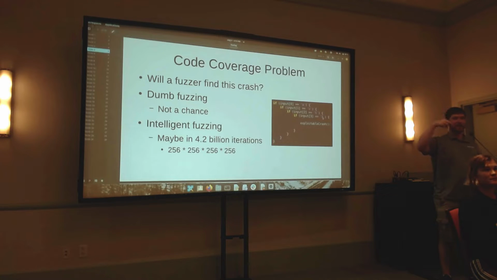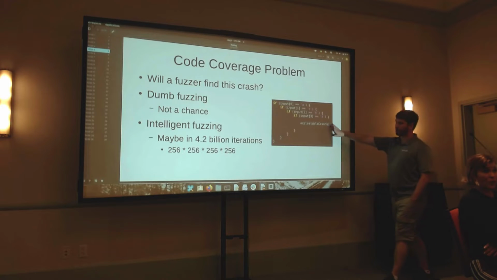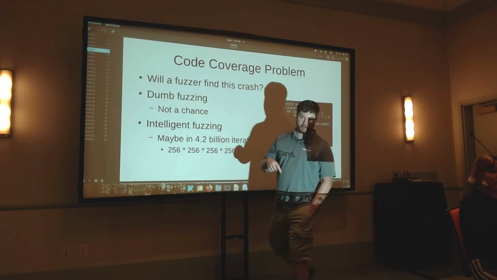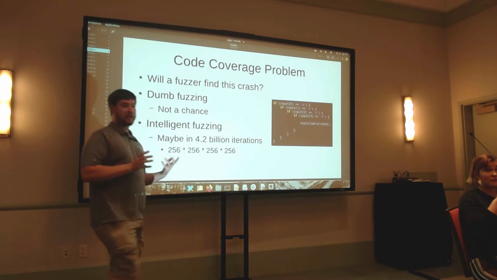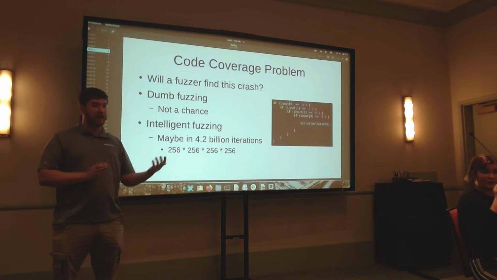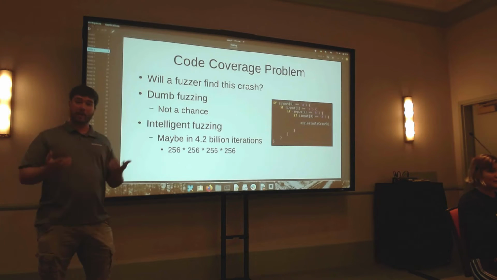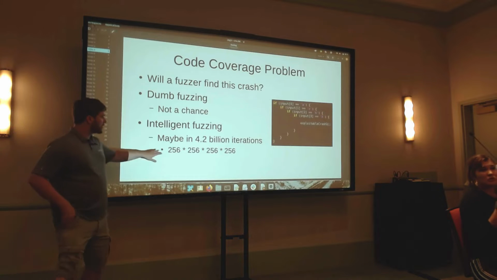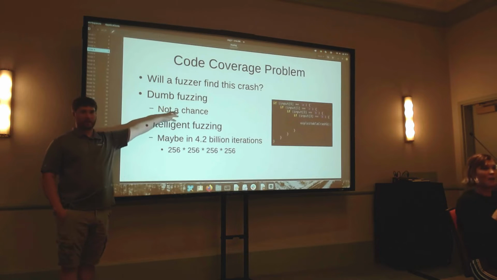Right? Just manipulating bytes one by one, even multiple simultaneously, there's a very low chance that you'll ever reach this bit of code. So would an intelligent fuzzer find this? If I told the intelligent fuzzer, hey, the first 4 bytes here are interesting characters, and I want you to switch those one by one, maybe they all have to be ASCII characters, there's a chance that we would find it, but it's kind of growing exponentially, right?